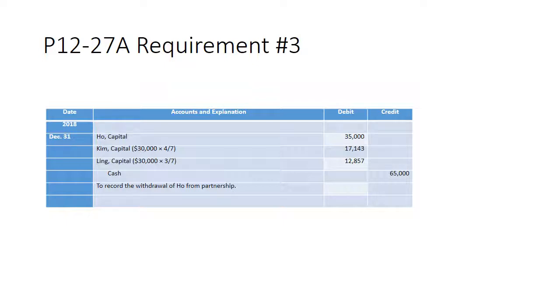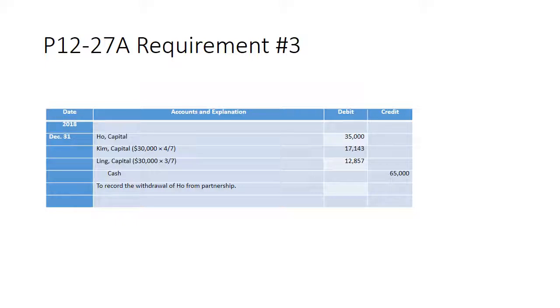Get out of here. Debit capital Ho. She's gone. There's only 2 partners left. They have to eat up that difference that they gave her. And so it's treated like they withdrew the money themselves. So we debit their capital account for their remaining profit and loss ratio that's still left.